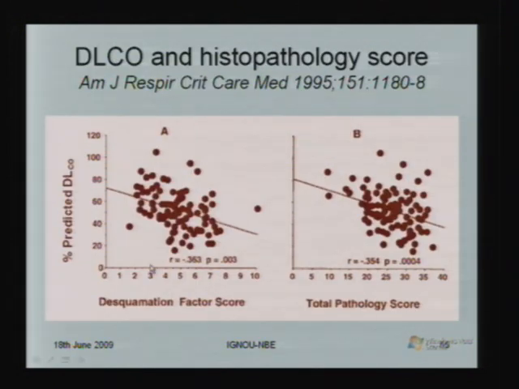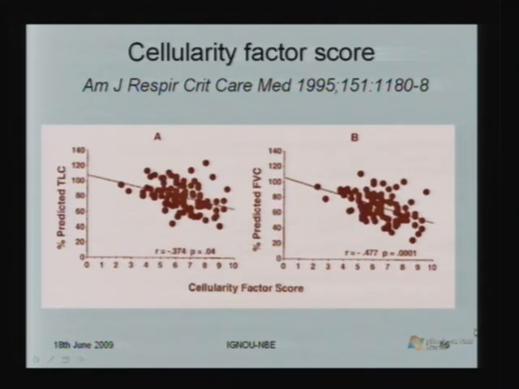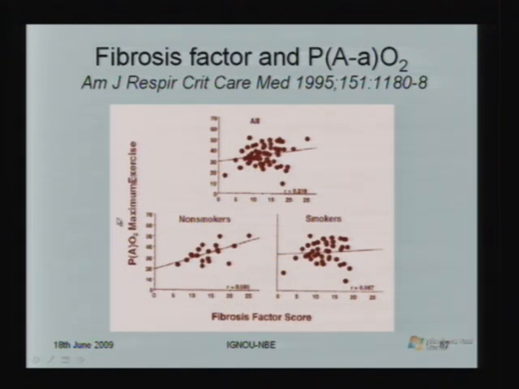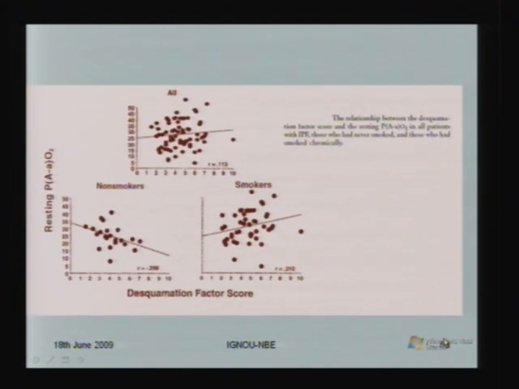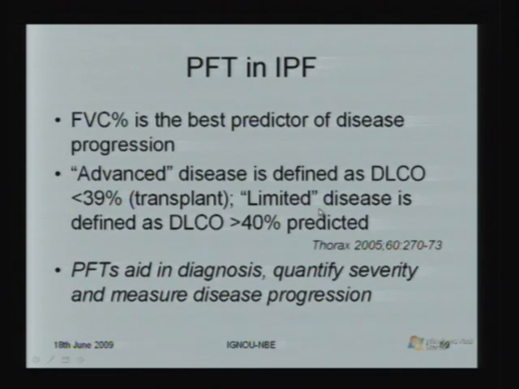Now, you can see that they have drawn relationships between the predicted DLCO and the desquamation factor, predicted DLCO and the total pathology score, the percentage predicted TLC and the cellularity factor score, and also the alveolar arterial gradient and the fibrosis factor score. And here we find the resting AA gradient correlating with the desquamation factor score.